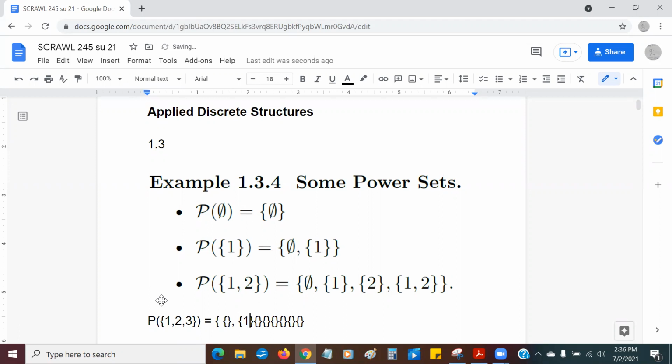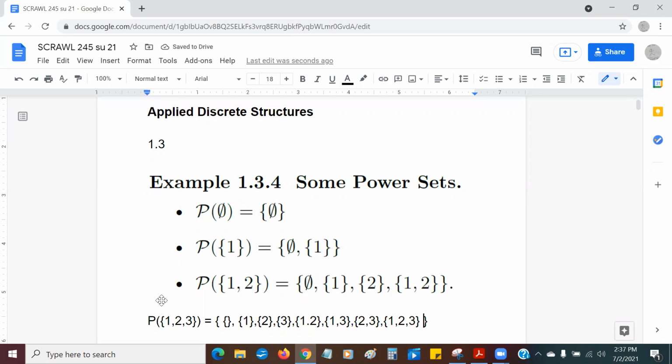So the set containing 1. Let me put the commas in here. Okay, so the set containing 2, the set containing 3, the set containing 1, 2, the set containing 1, 3, the set containing 2, 3, and the set containing 1, 2, 3.